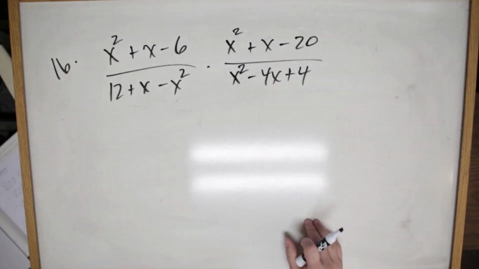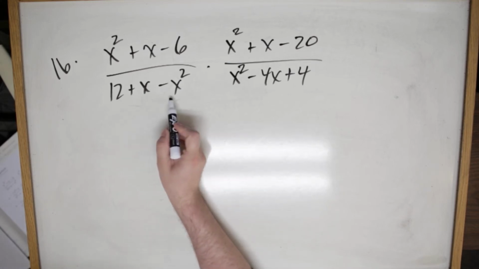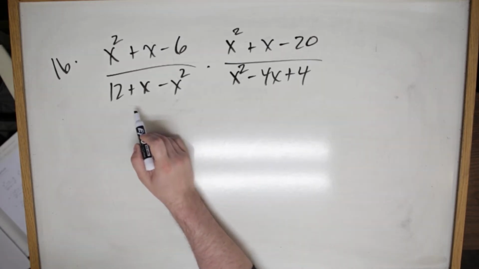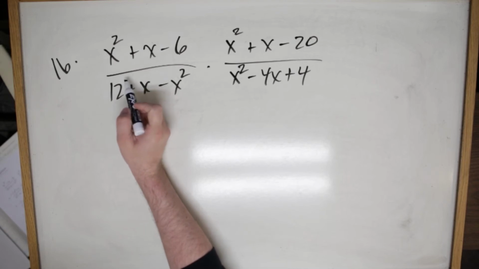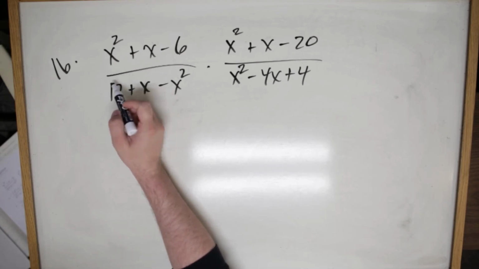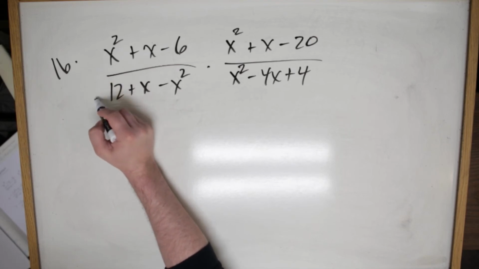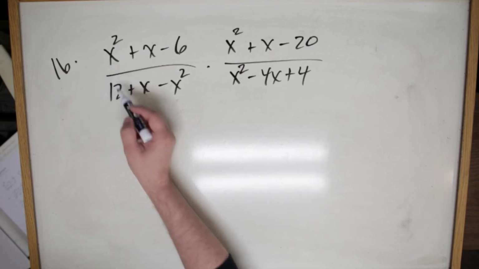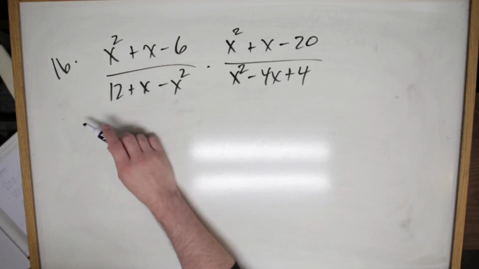So you can see there's going to be a lot of factoring. However, this first piece is kind of annoying because it's backwards. So one thing you can do is negate, put a negative sign in front of this entire first piece. The reason why this works is because if you multiply this by a minus 1 over a minus 1, the numerator will become negative, and then this thing will become basically what you want it to be.